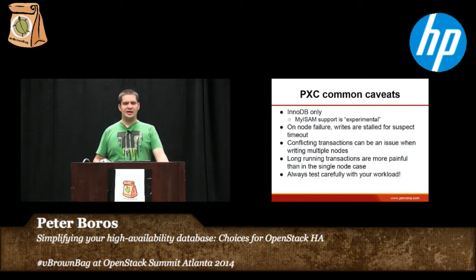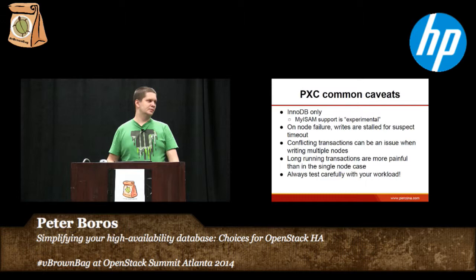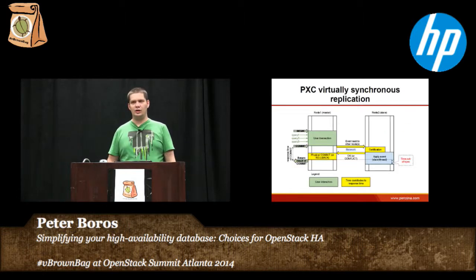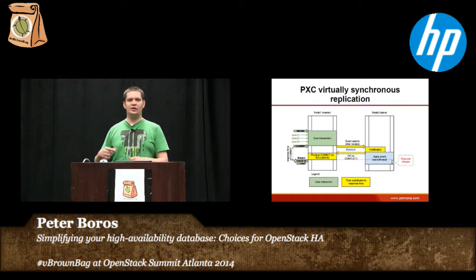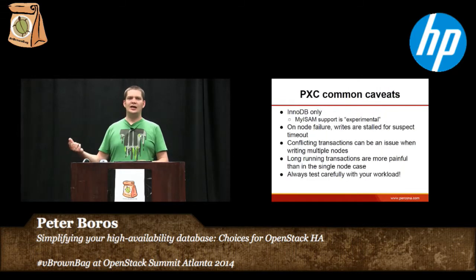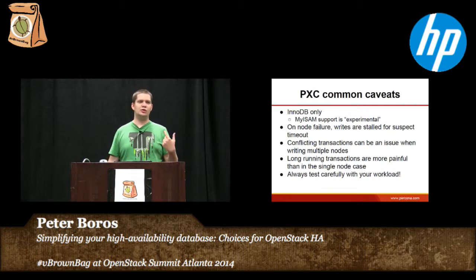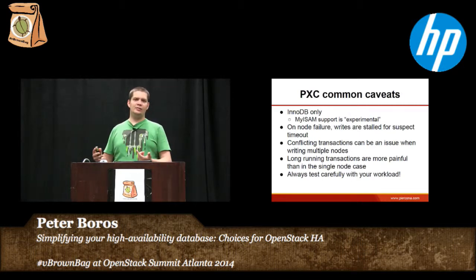Conflicting transactions can be an issue if you write on multiple nodes. If you think back about how replication works and how certification works, if you have lots of conflicts, you have lots of certification failures, and at the time of certification failure on the originating node, the transaction is rolled back. While in regular InnoDB, this is just a lock wait.